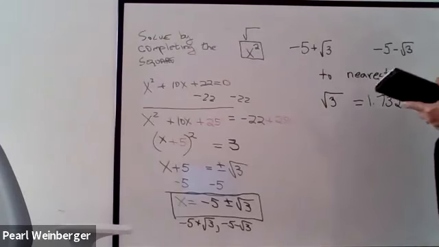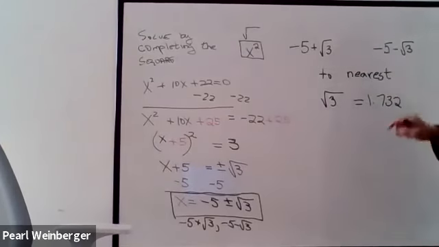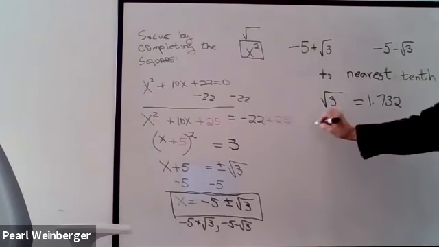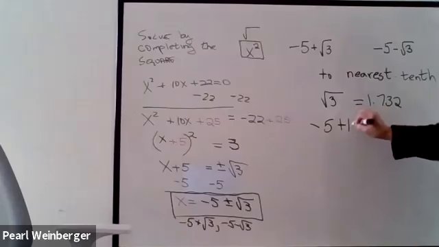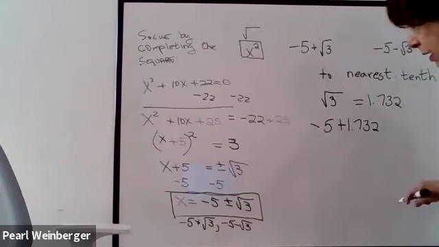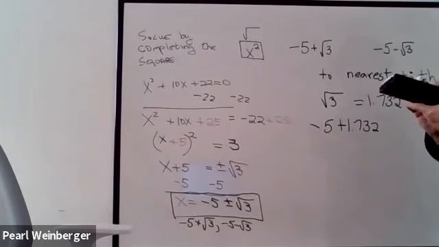It goes on and on, but we don't have to go so far, because we eventually want to round off to the nearest 10th. So I replace the square root of 3 with 1.732.